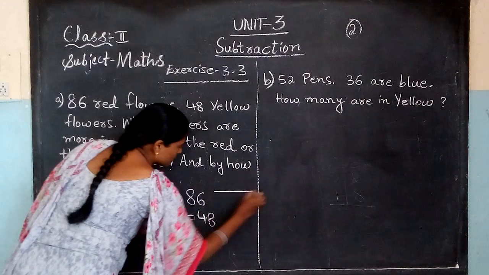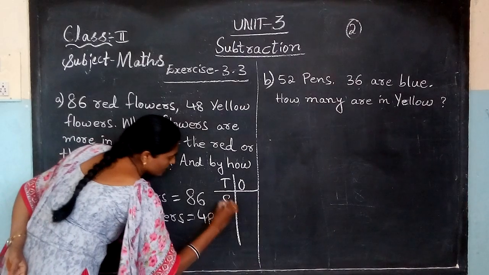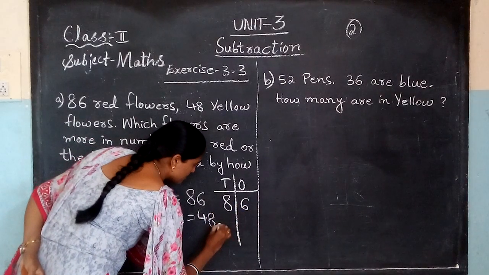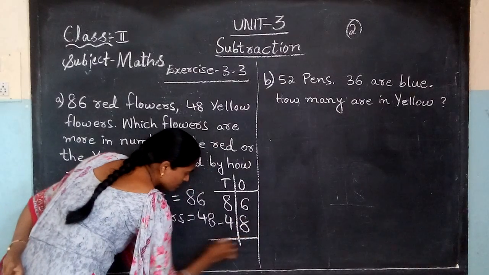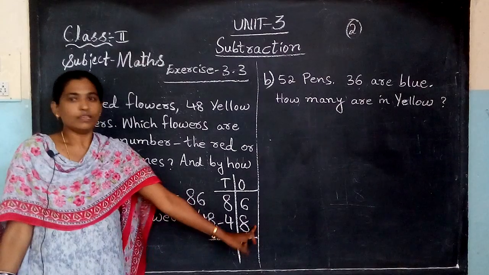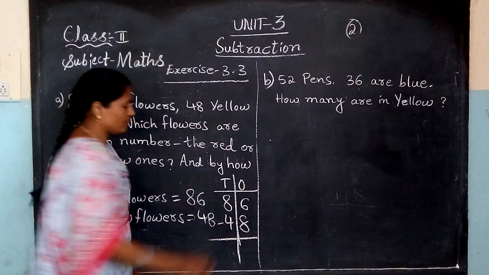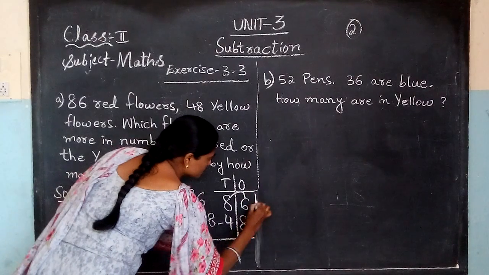Now take the columns, ones, tens. 86 minus, what is this number? 48. Now from a small number you cannot take away a big number. Now what you have to do? Take borrow from the tens column. What did it become? 16.